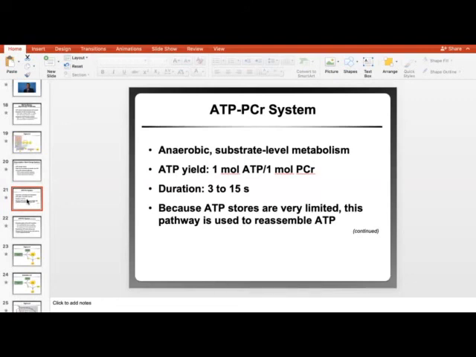But then what happens is in those 3 to 15 seconds of activity, all of the phosphocreatine that is stored in my body is going to be burnt. So then you have to rest and regenerate, resynthesize, or recycle the ADP and extra phosphorus back to ATP.